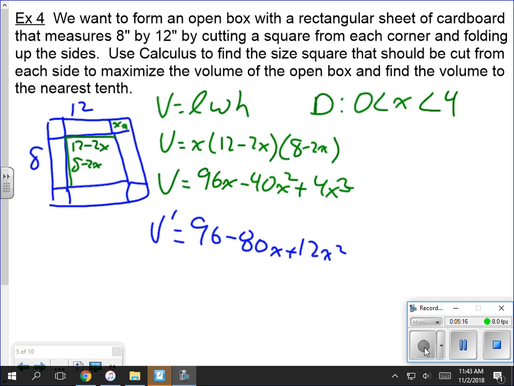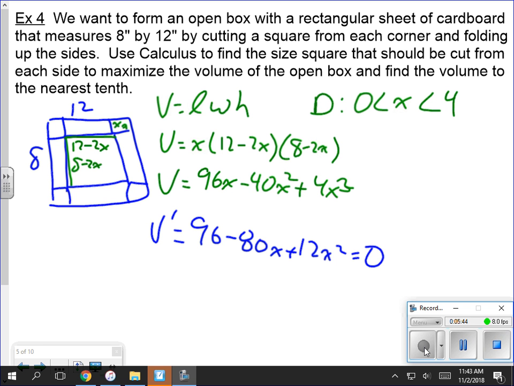I don't think these come out to be whole numbers, which is why I use my favorite calculator to do the solver. How do you do the solver on it? It depends on the calculator you have. For mine, I can just do the polynomial, degree 2. Type in the first coefficient, 12.